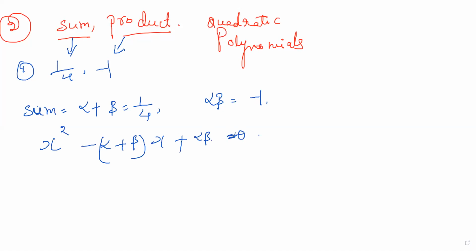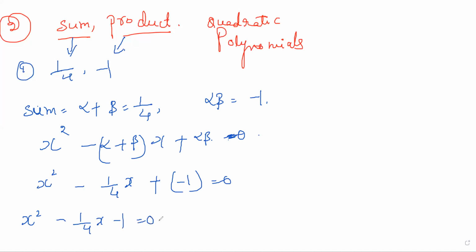So the quadratic polynomial will be like this, children, when they give sum and product of the zeros. See here, x square minus, alpha plus beta is given as 1 by 4, x plus the product, minus 1, is equal to 0. So x square minus 1 by 4 x plus into minus is minus 1.